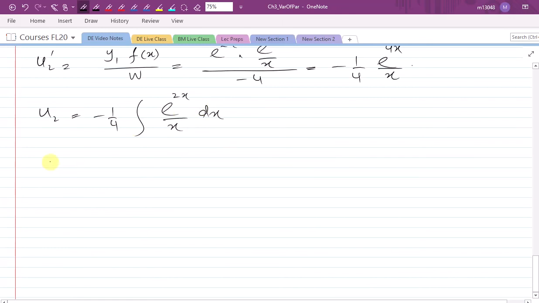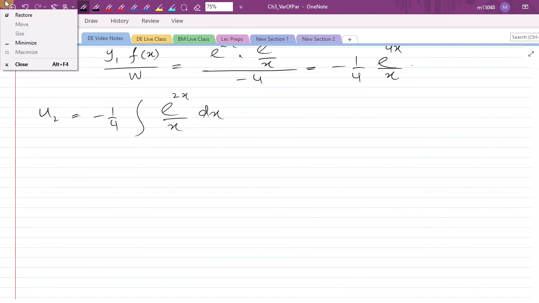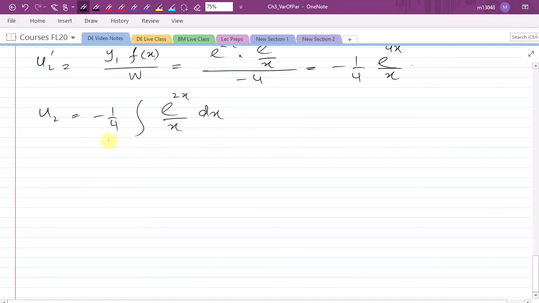Okay, and I am going to leave it like that. I'll write yc directly. Why not? No harm. This integral has no solution for our course. Of course, it does have a solution in literature, but for our course we cannot solve it.